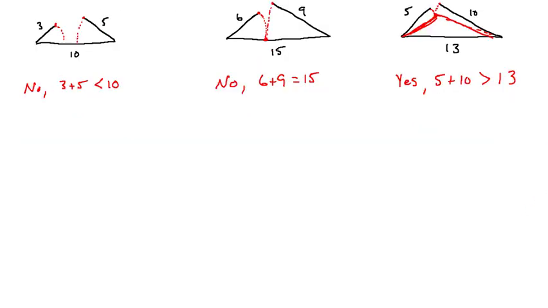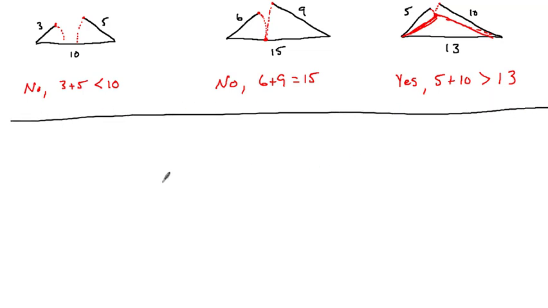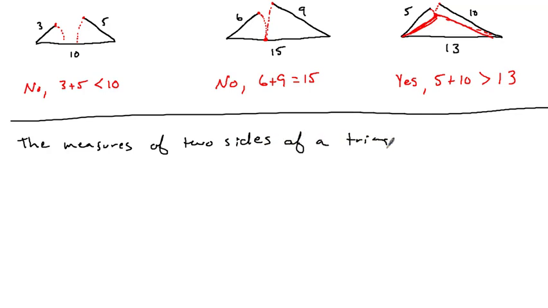All right, so we'll do another example of the type of problem you're going to see. We don't do a lot of problems in our videos, so maybe this will help get you jump started on your assignments. All right, here's an example. The measures of two sides of a triangle are 5 and 8.